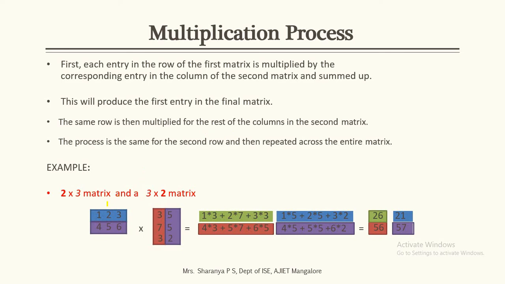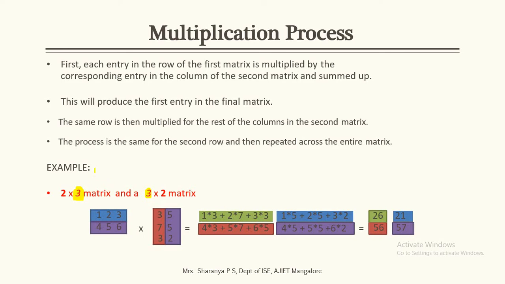Just as a recall of those sessions, let us see how we can multiply a 2 cross 3 matrix with a 3 cross 2 matrix. First, we need to check the order of the first matrix, which is 2 into 3. That is, it contains 2 rows and 3 columns. And the second matrix has 3 rows and 2 columns.